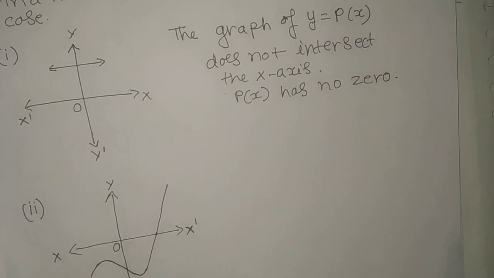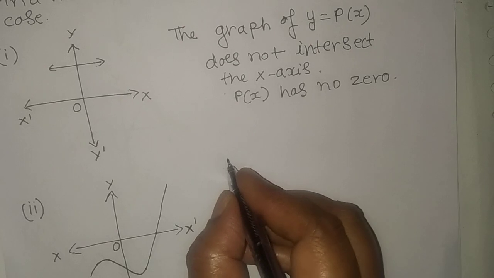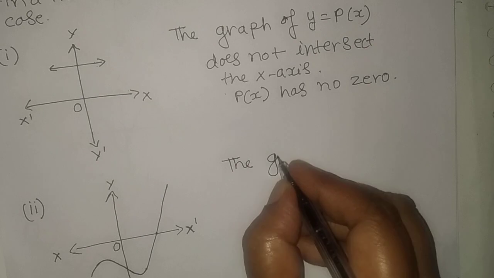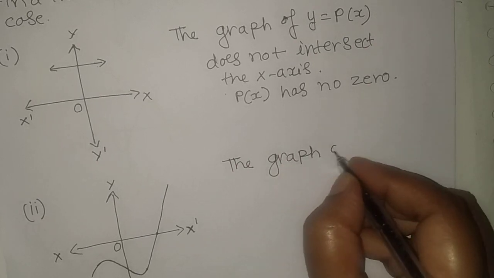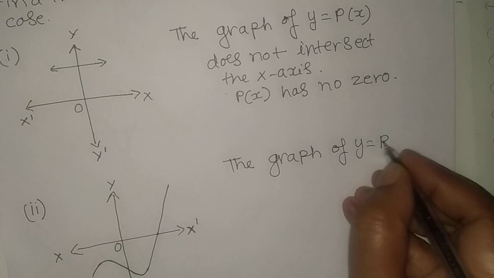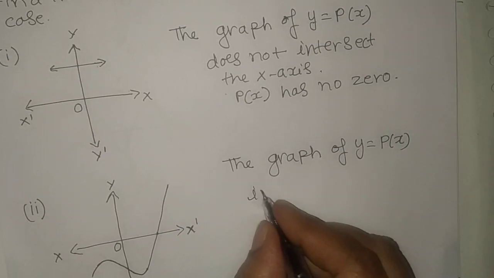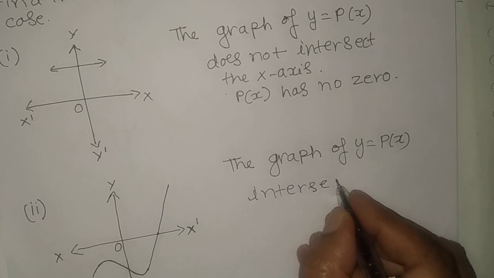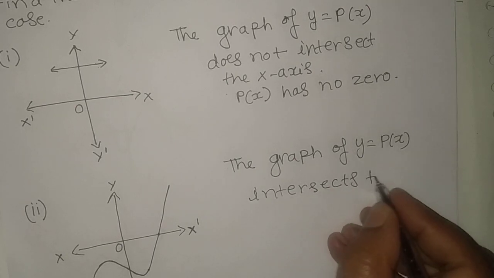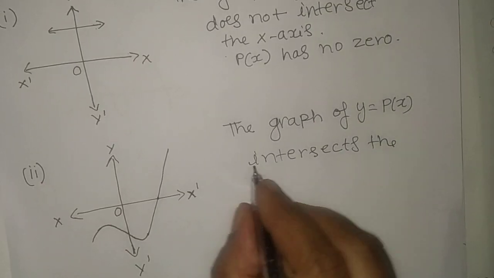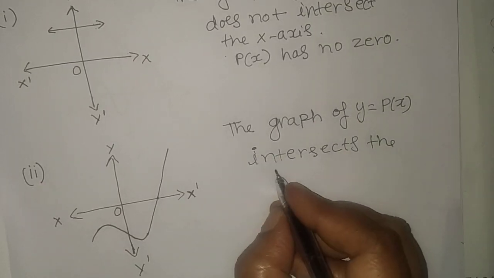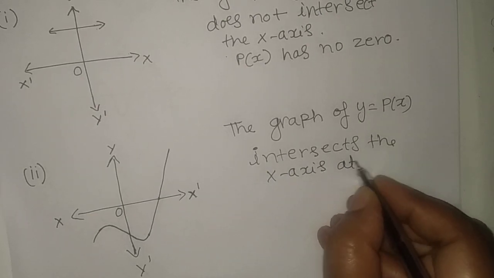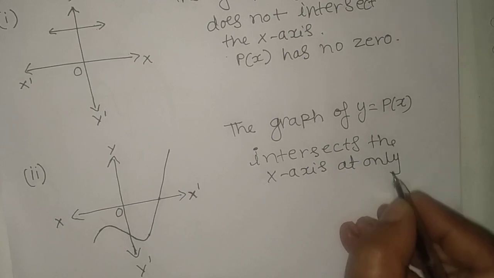So what is the conclusion? The graph of y equals p of x intersects the x-axis at only one point.